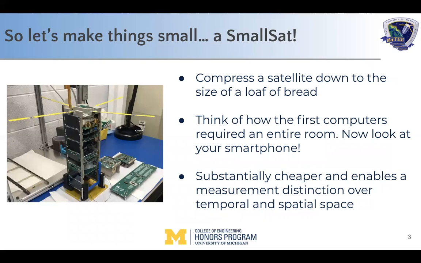The analogy that we like to draw is, think about the first computers and how they required an entire room. Now your smartphone can do all those capabilities and much more in something that fits into your pocket. So the scaling down of electrical components is what's made small sats possible, compressed down into a small bus that is very low mass and thus very low cost to get into orbit. This is where this substantially cheaper idea comes from.